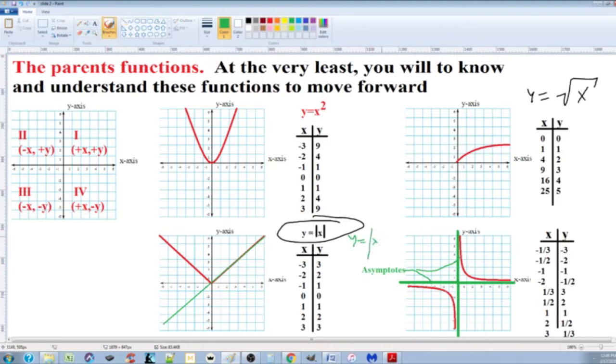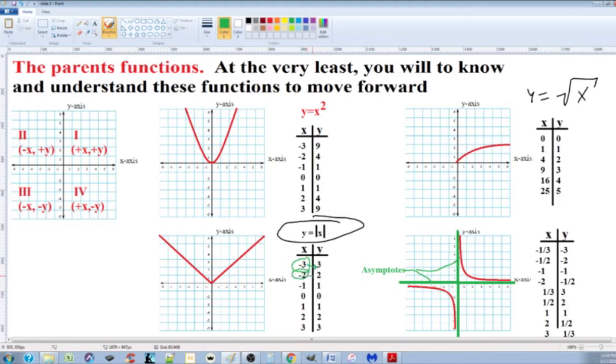But as soon as we slap that absolute value in, all this line jumps up to positive y and becomes this red line. So really, y is equal to absolute value of x shares a lot in common with a line. And as you can see, no matter what value of x we get the same value of y, but in the positive.